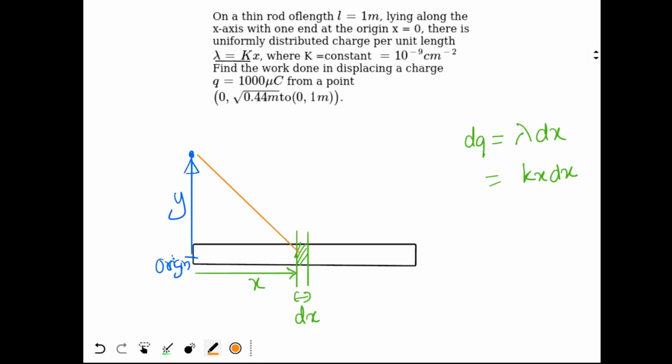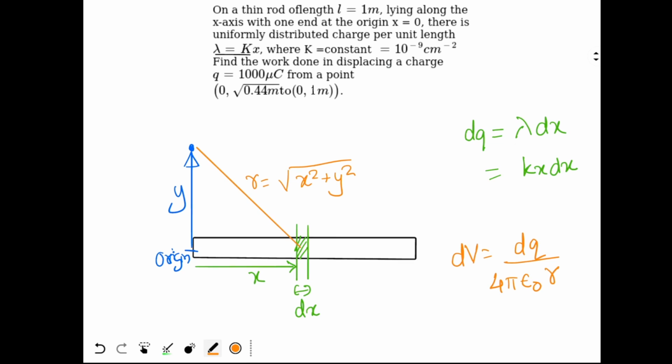So for that, I need to know this distance. This distance is r. r will be equal to root of x square plus y square. So the potential dV will be dq by 4 pi epsilon naught r. Simple.